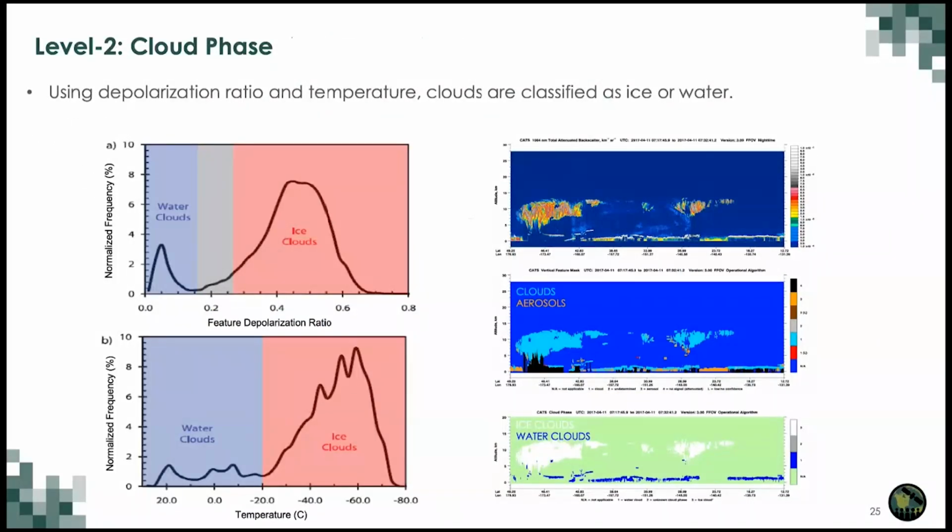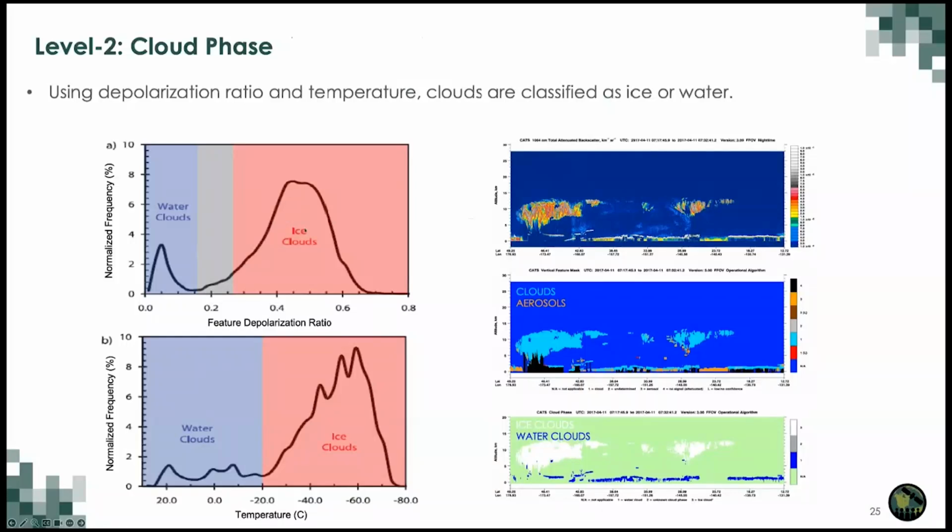Now, once we've identified a feature or layer as a cloud, now we want to identify the phase. And this is where the depolarization information comes in. And here's a PDF of the depolarization ratio for ice clouds and water clouds. And as we discussed earlier, ice clouds have a non-spherical component, which generates backscattered signal in the perpendicular channel.